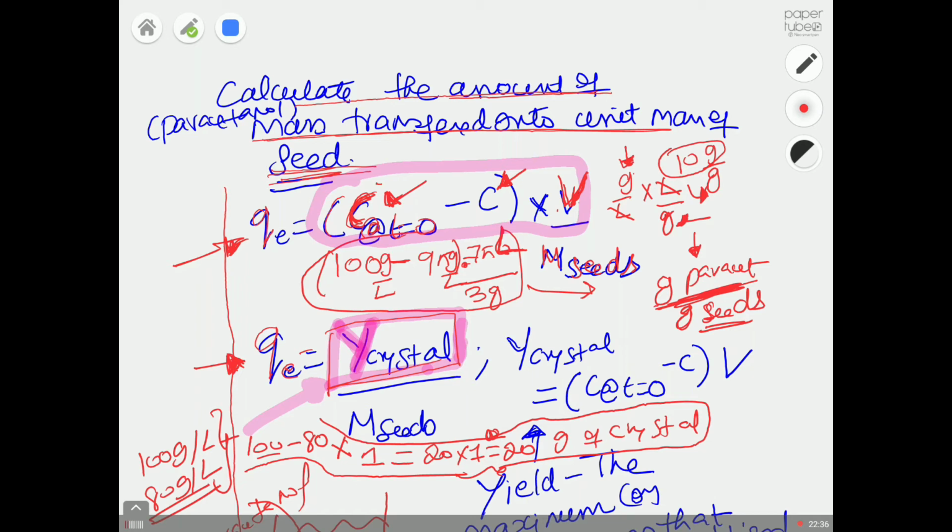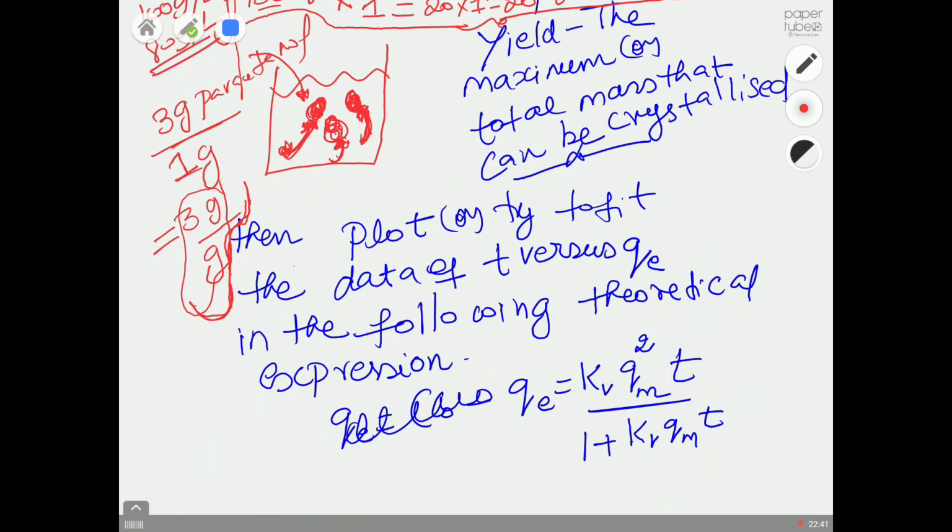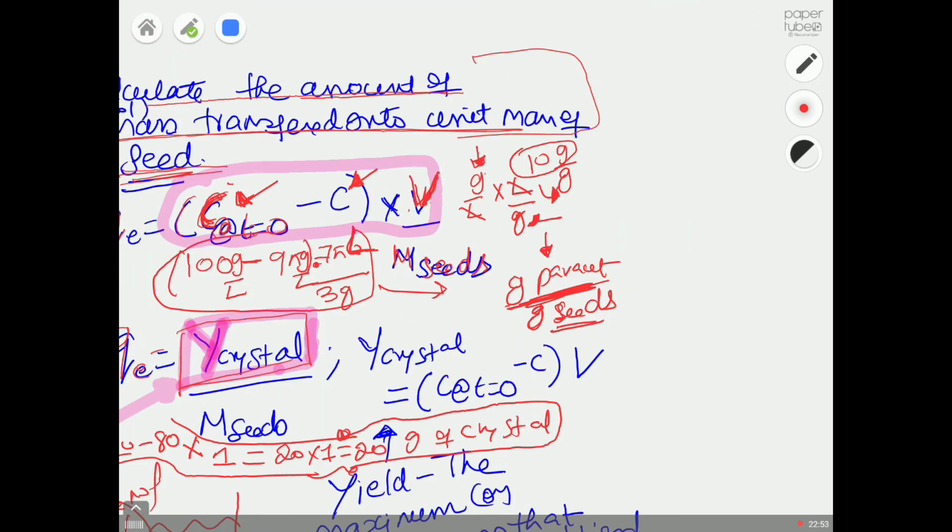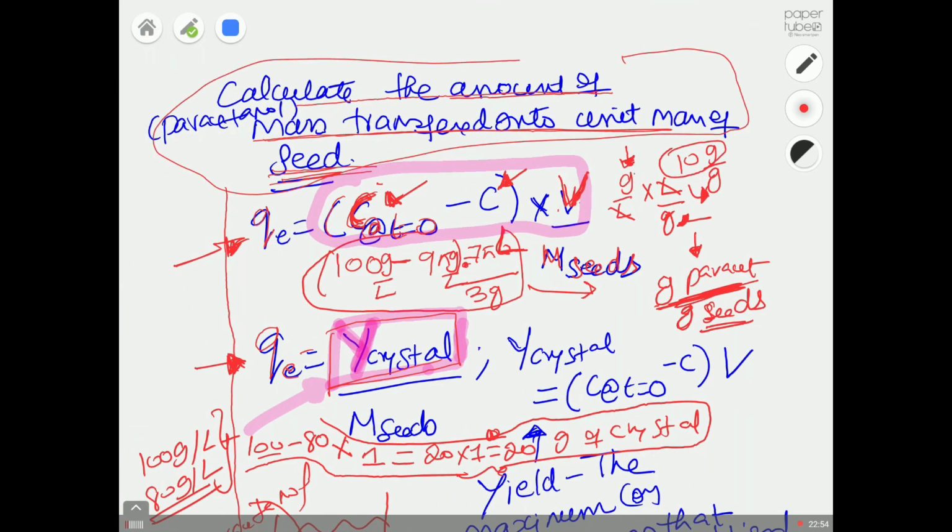And once you calculate this QE value, you have to fit the data T versus QE. So QE is nothing but the amount of mass transferred onto unit mass of seed. This is really, really important. This is the easiest way to model crystal growth kinetics.